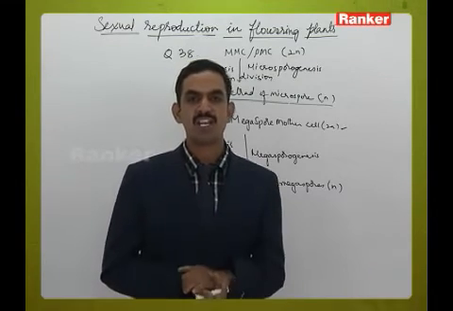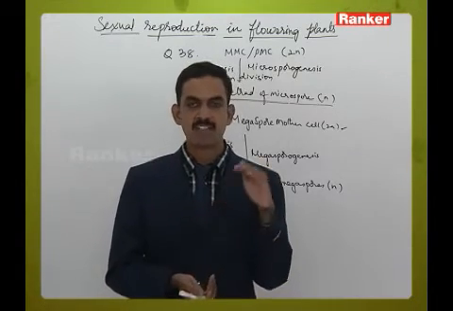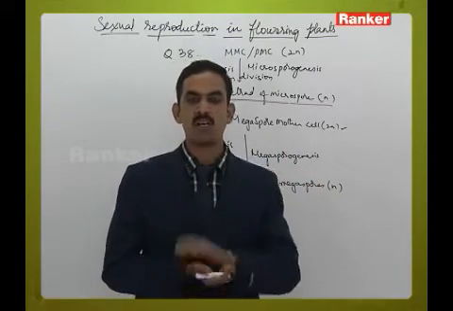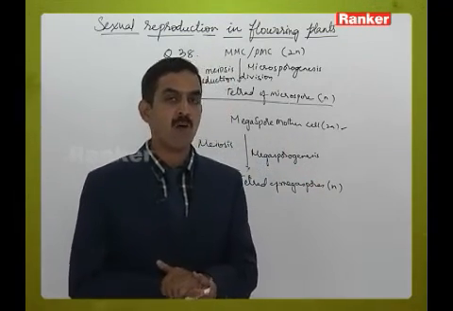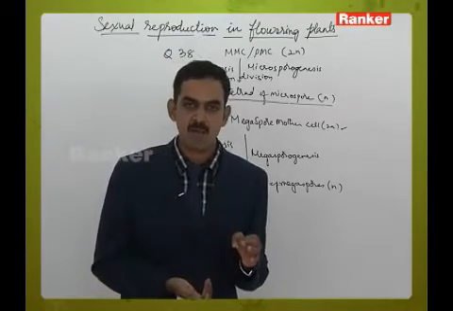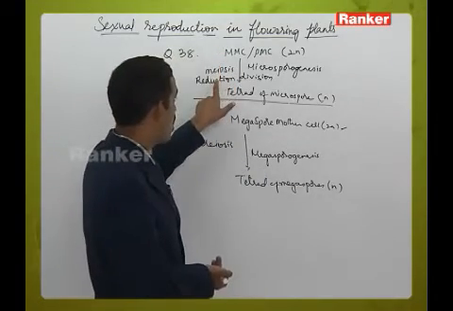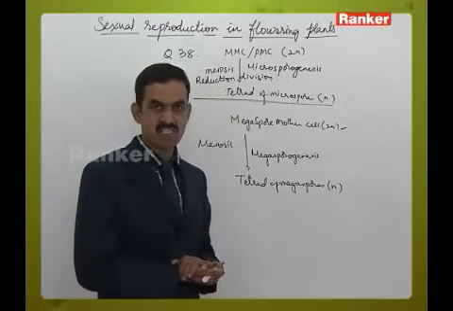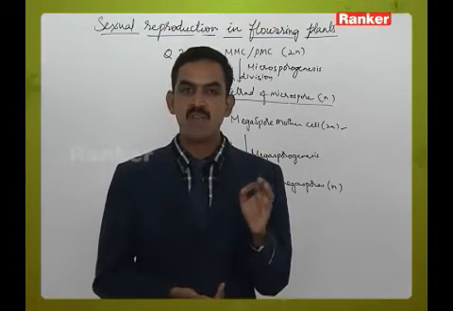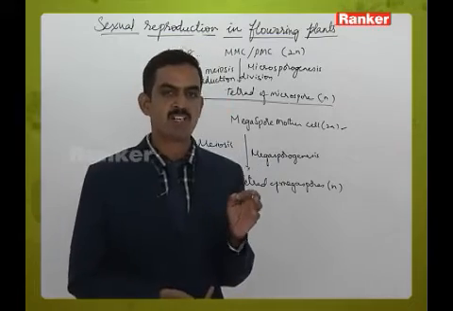In mitosis, there will never be a change in the number of chromosomes. Whatever number of chromosomes are there in the parent cell, the same number is present in the two daughter cells formed from that parental cell. When is there a change in the number of chromosomes? When meiotic division or reduction division is taking place. And in meiosis, during which phase is the chromosome number reduced to half?